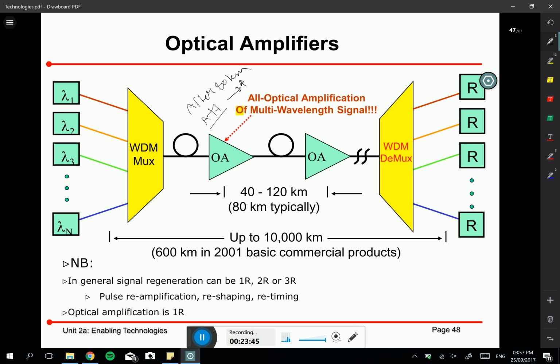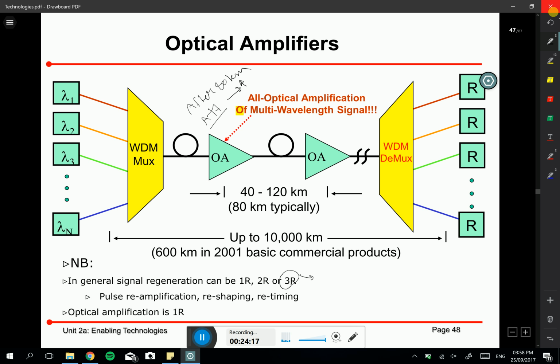Before I start with the technologies, again, I don't know if you've seen these things in previous courses or you will see them more precisely in other courses. But when a signal is under stress and you want to send the signal farther away, typically you can perform what is called 3R regeneration.